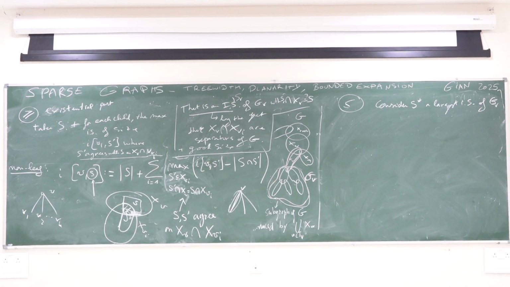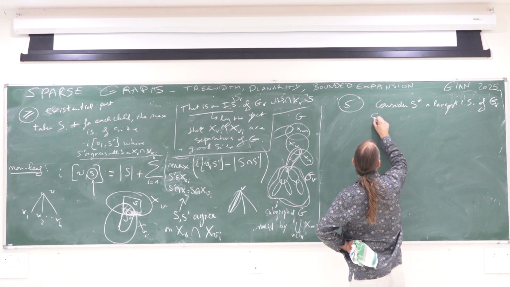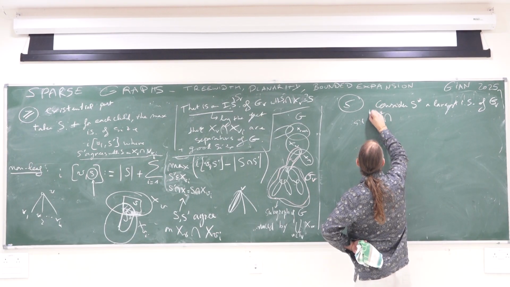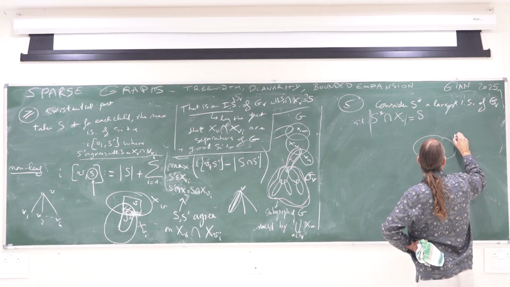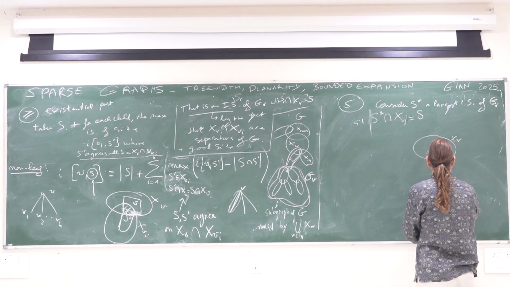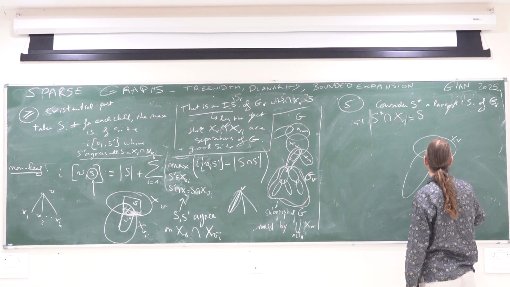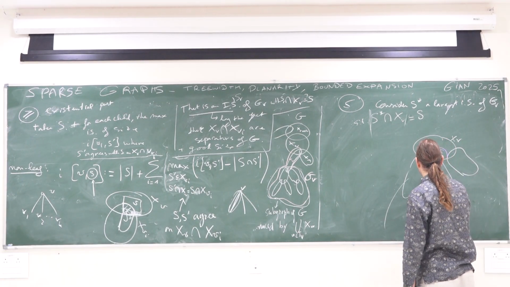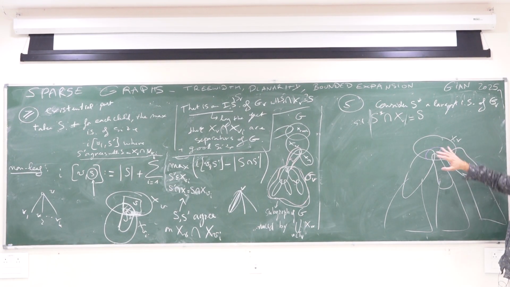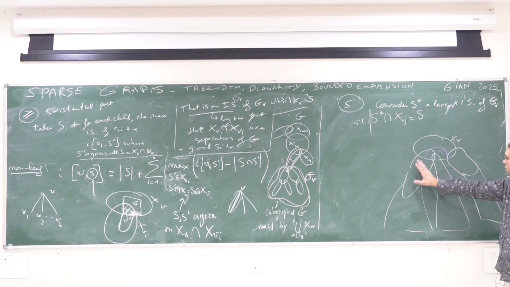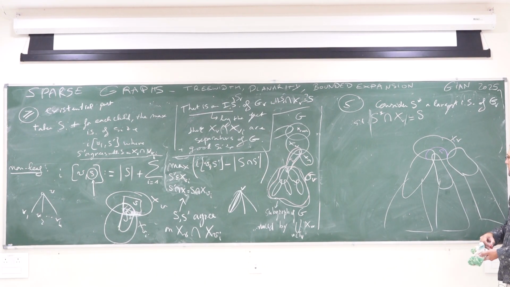Star. Take a largest independent set S star of your GV such that S star intersection XV is exactly S. Same as before, so you take an optimum one which satisfies the property that you intersect exactly in S, and you see that for each of these children, what you get is some particular independent set.